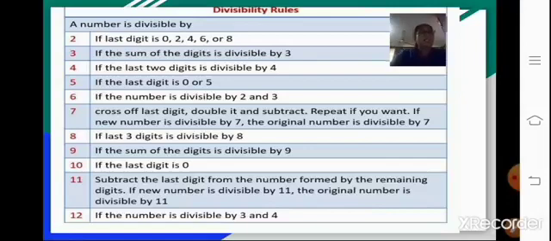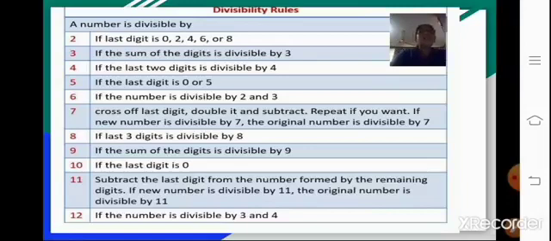For the rule of divisibility of 8, the last 3 digits should be divisible by 8. And for 9, if the sum of the digits is divisible by 9, then the number is also divisible by 9. A number is divisible by 10 if the last digit is 0. For 11, subtract the last digit from the number formed by the remaining digits.